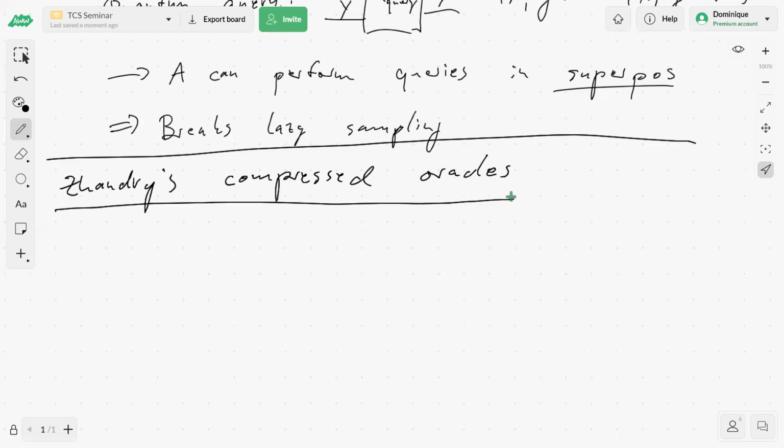I will not repeat the whole technique from Zhandry because that would get too long, but I will mention the key points. With Zhandry's compressed oracle technique, you can simulate a random oracle in a way so that the adversary cannot tell the difference, but you can do a kind of lazy sampling.